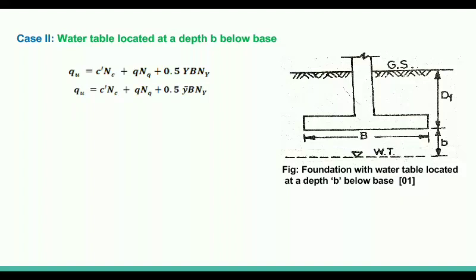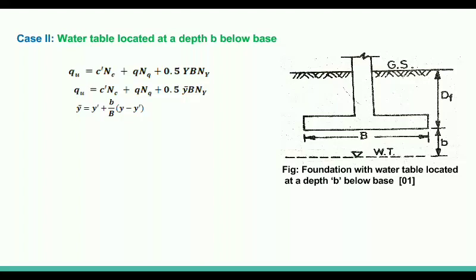That relation is in this equation. In this second equation, gamma is denoted by gamma bar. You can calculate gamma bar by using the submerged unit weight of soil and the bulk density of soil.